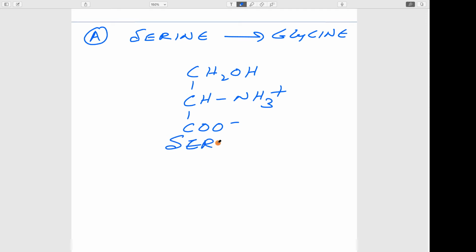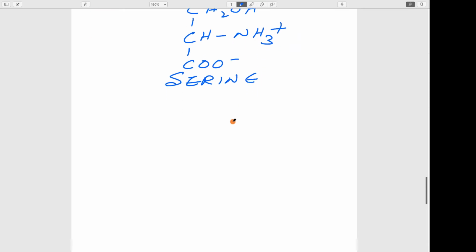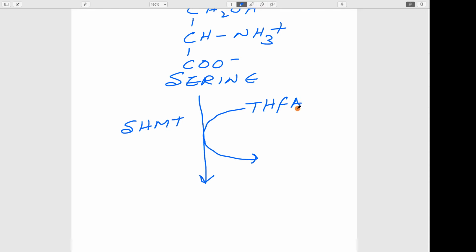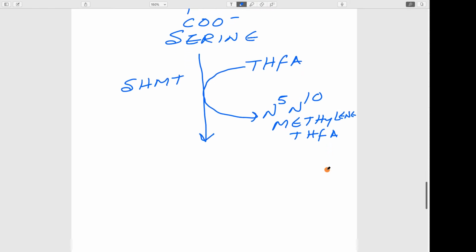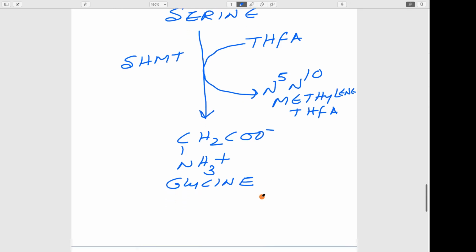Serine, by the action of the enzyme serine hydroxymethyl transferase, that is SHMT, gives up a methylene group, which is taken by the folic acid coenzyme, tetrahydrofolic acid, leading to formation of N5, N10 methylene THFA. And glycine, the simplest amino acid, is formed.